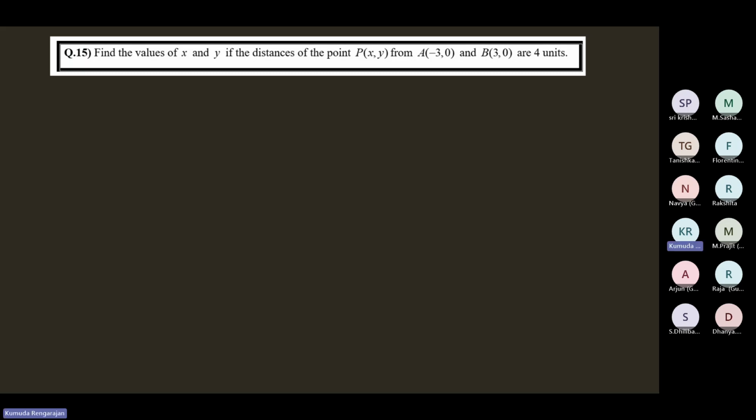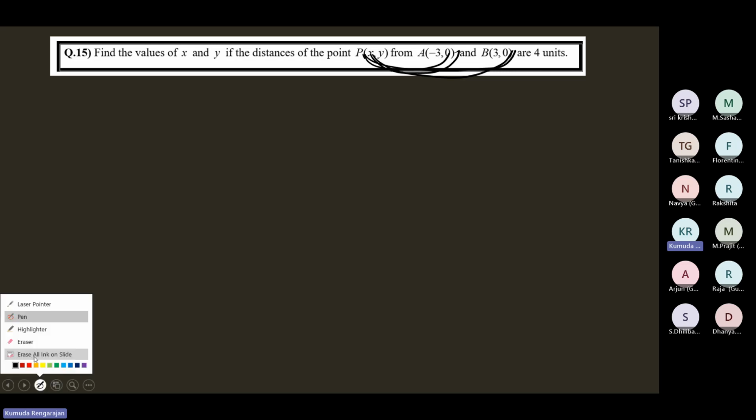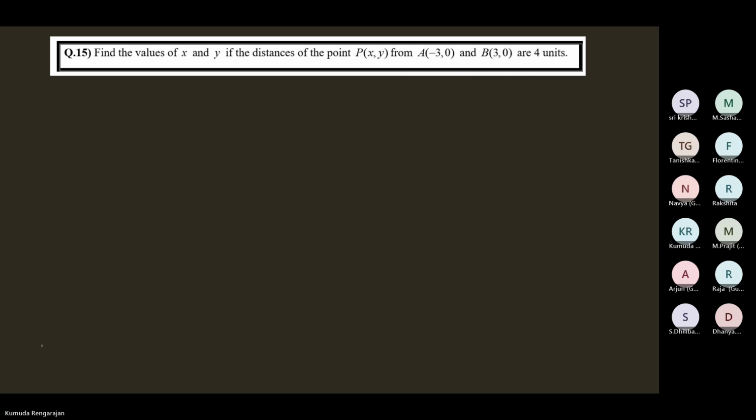That means the distance between P and A, and the distance between P and B. See here, point P from A, point P from B. So that means the distances PA and PB both are equal to 4 units.